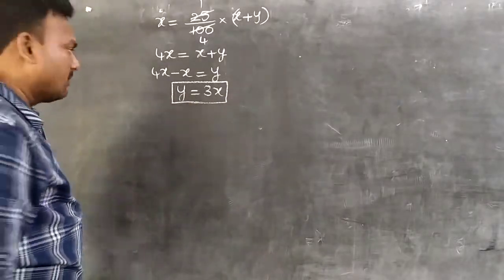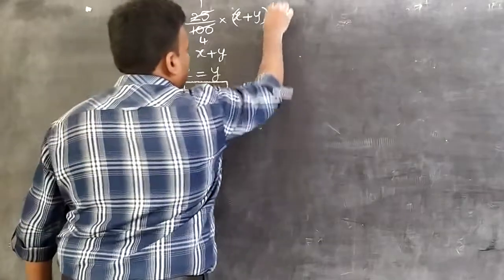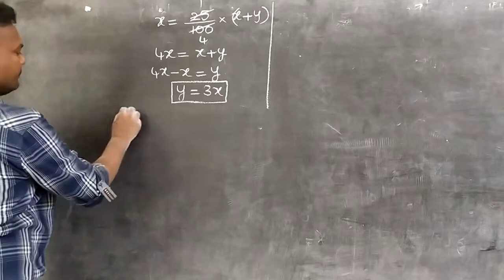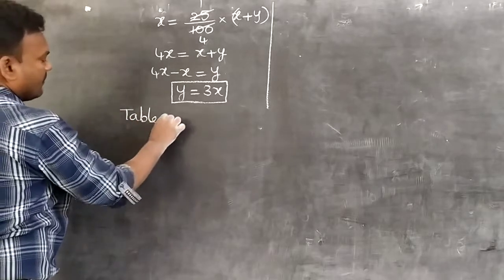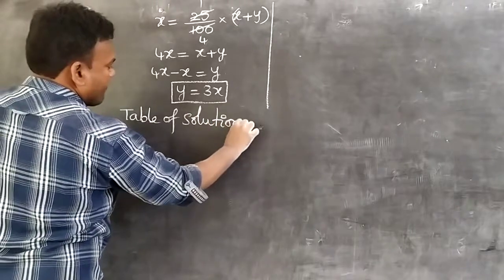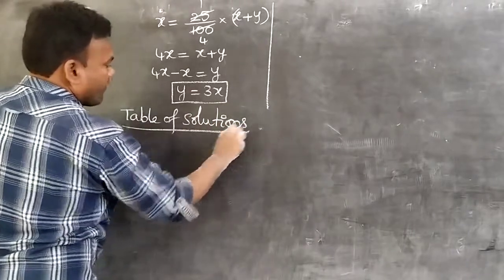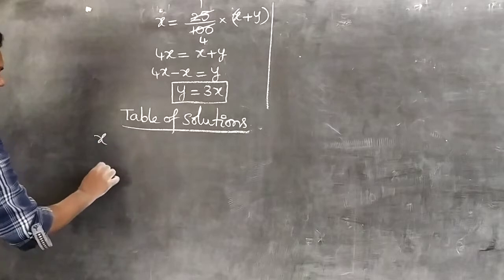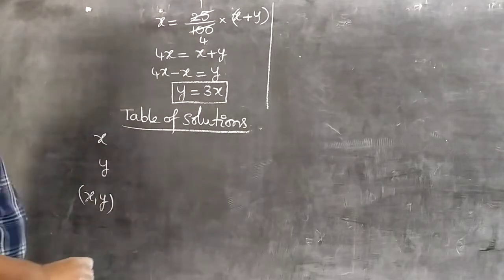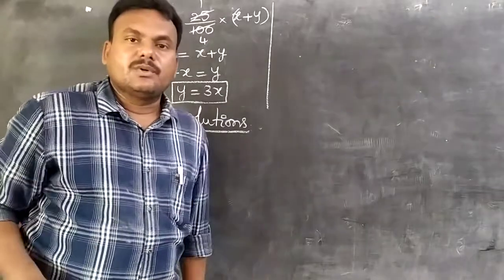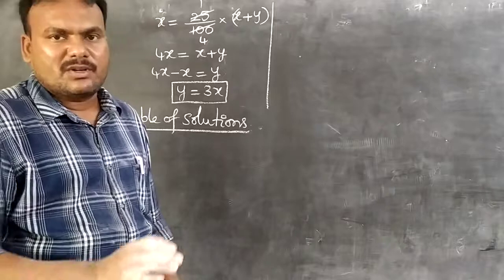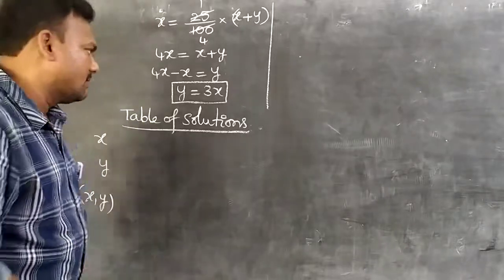After that, the table of solutions. First X, Y. Here, don't take negative values or 0. In a school, at least 1 student is necessary. That's why I took positive values.